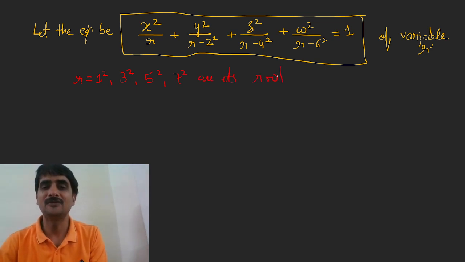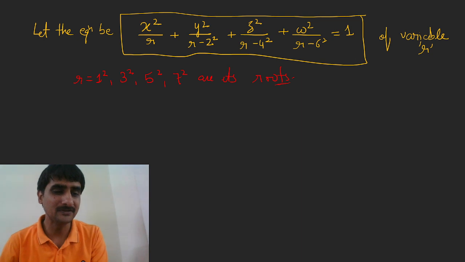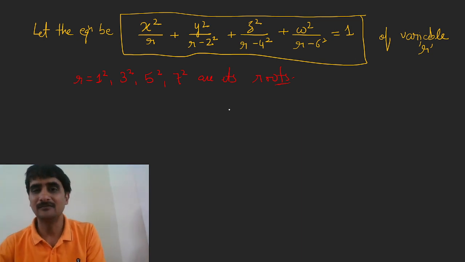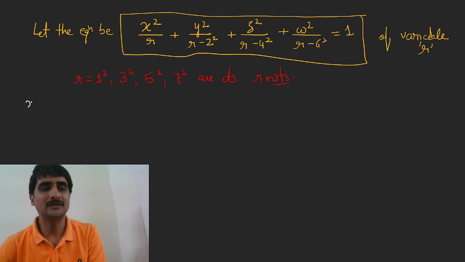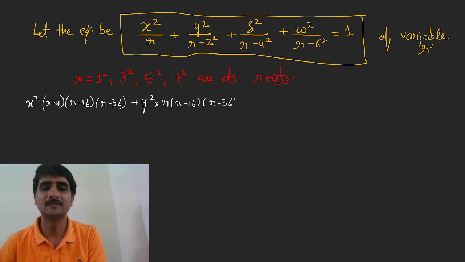तो अब आप समझ गए होंगे what are we going to do. I will be simplifying this equation here. तो जरा LCM लेते हैं, राइट साइड पे आके मल्टीप्लाई करते हैं. तो आएगा क्या, you will get x square into r minus 4, r minus 16, r minus 36. Similarly, y square into r, r minus 16, r minus 36.